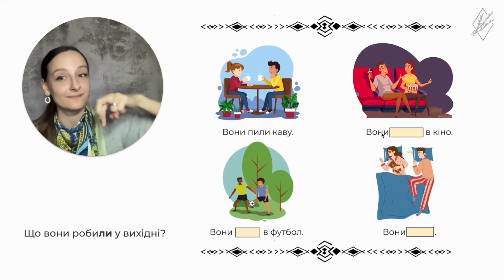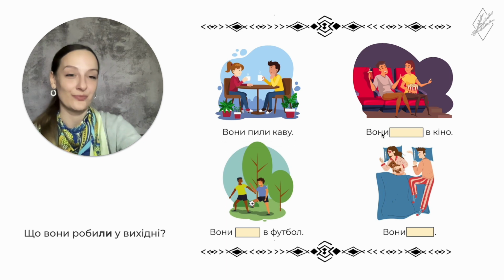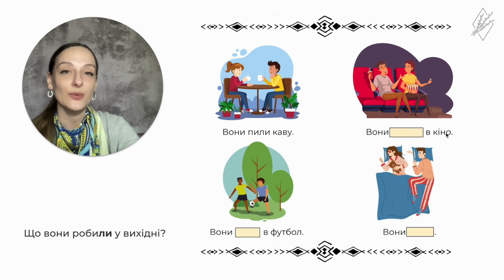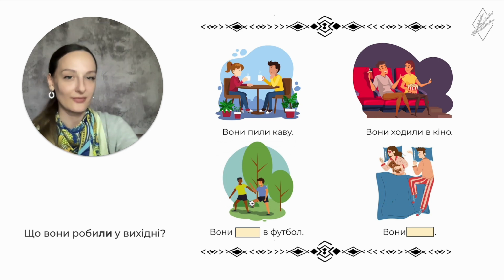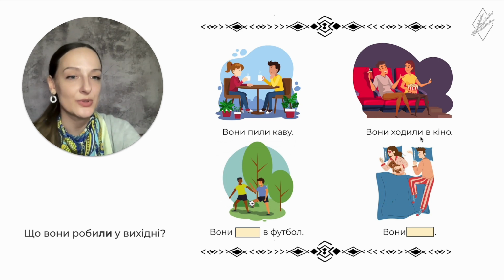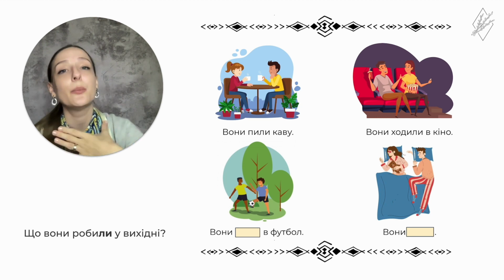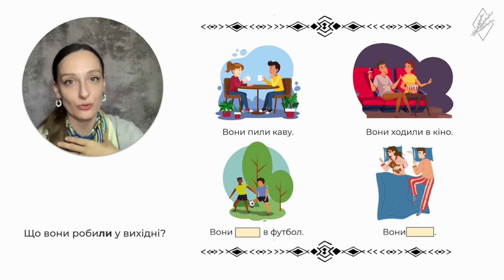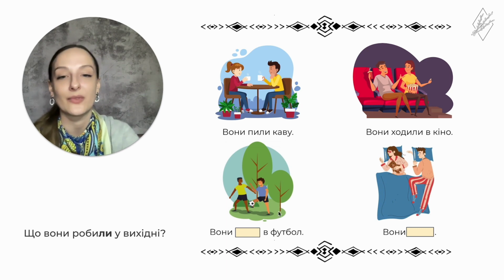What about these guys? Вони... в кіно. Вони ходили в кіно. As you can see, both verbs will have ending -ли for plural. The same we would say ми ходили в кіно or ви ходили в кіно. Окей.